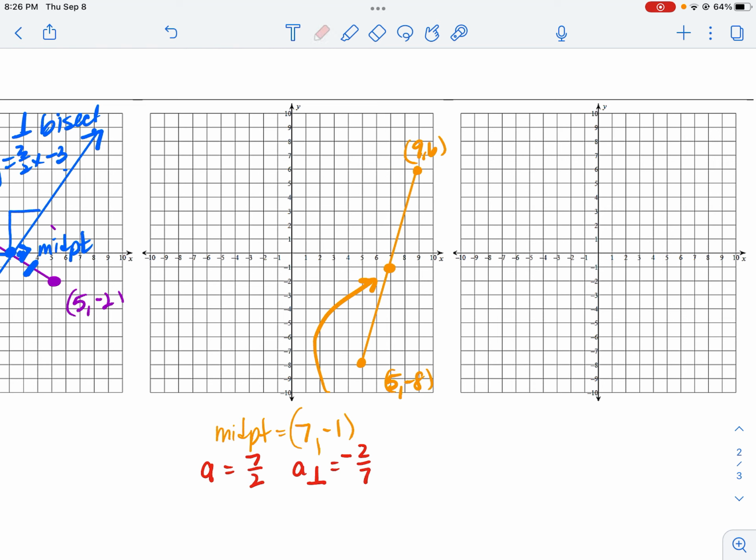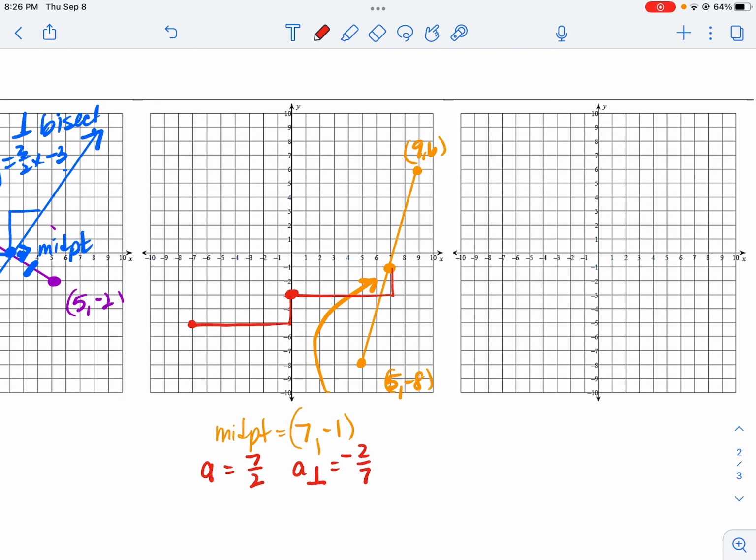So that means that from this line, I should be able to graph down 2, right 7, down 2, right 7, and that gives me down 2.